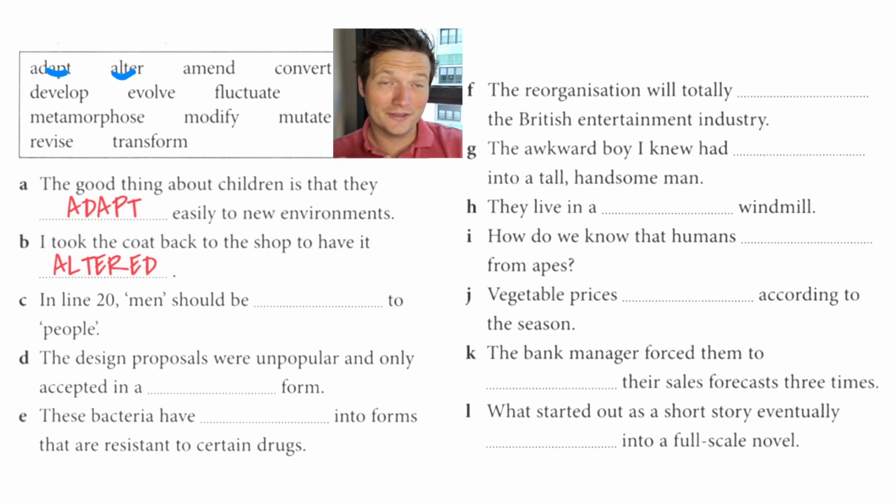So I've got to say, I think amended looks pretty good. In line 20, men should be amended to people, maybe. Converted, no. Developed, no. Evolved, no. Fluctuated, no. Metamorphosed, no. Modified to, no. I don't think so. Mutated, revised to, transformed to. I think it has to be amended.